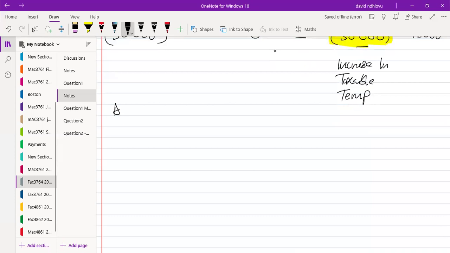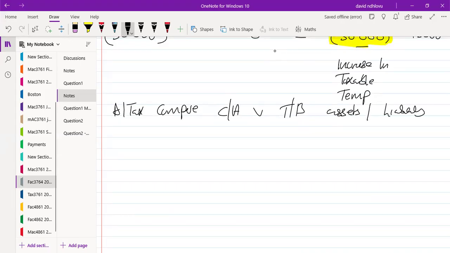When we calculate deferred tax, we compare the carrying amount versus the tax base of assets and liabilities.